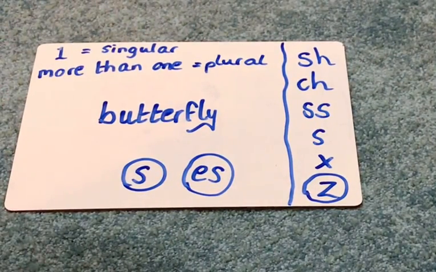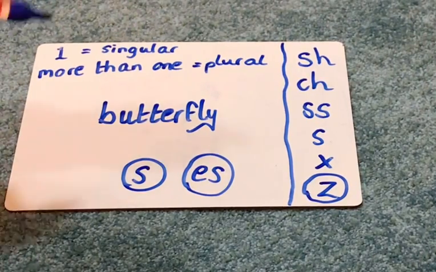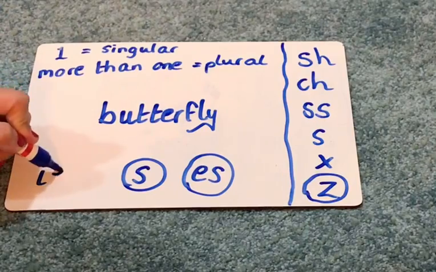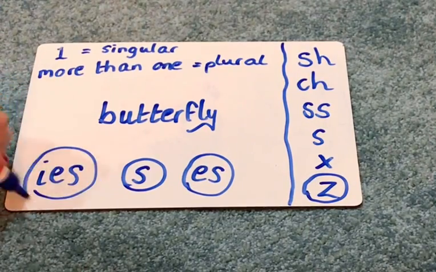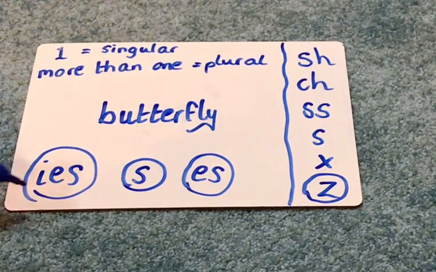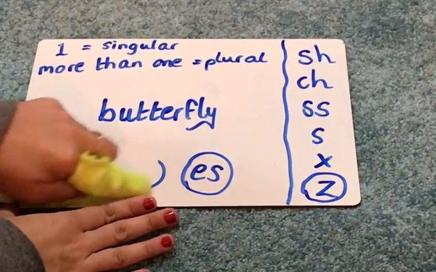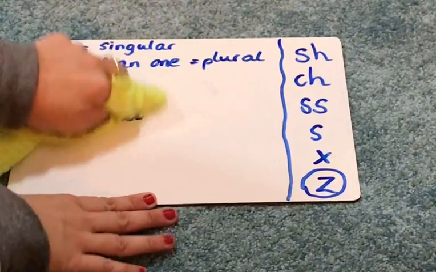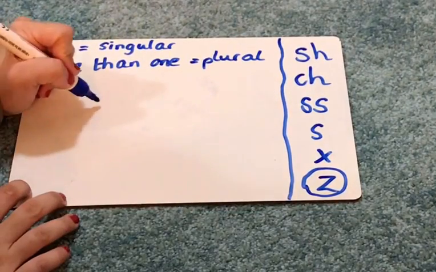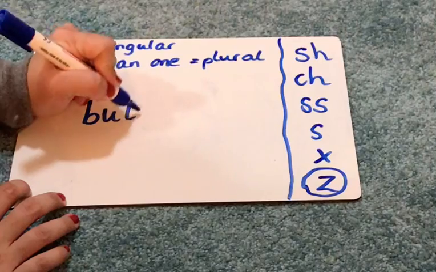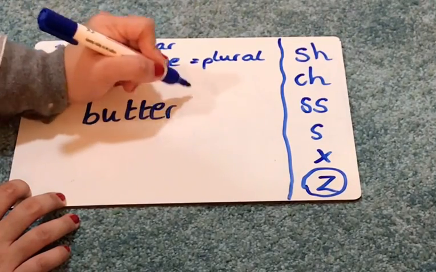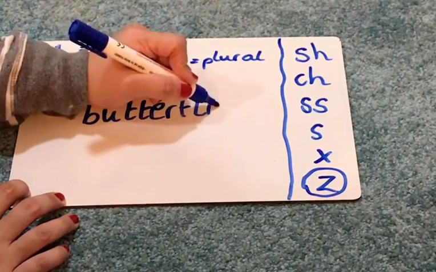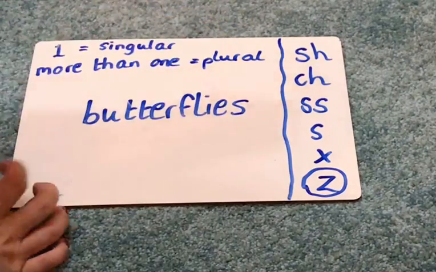However, there's also another way, which we're not going to look at today, maybe next week, and that is IES. Okay? So, what would butterfly become? Butterflies. There we go. Okay?